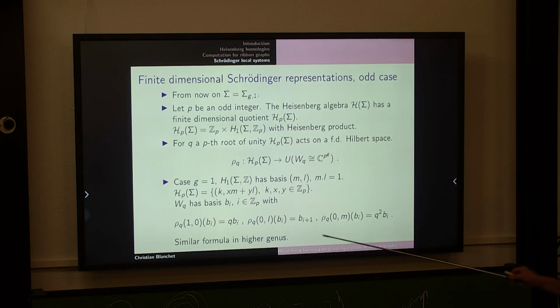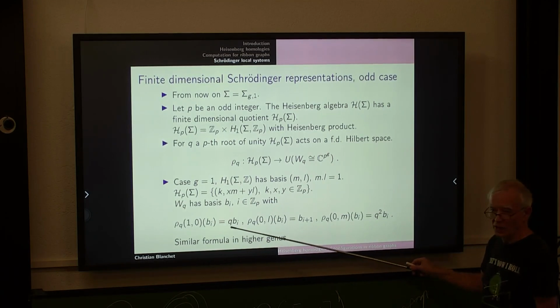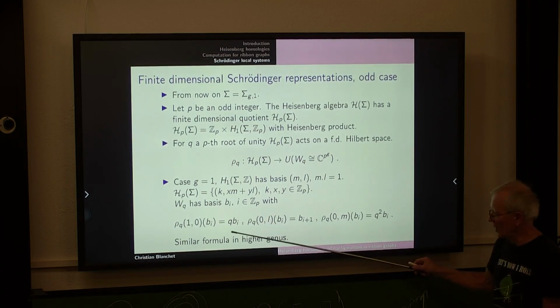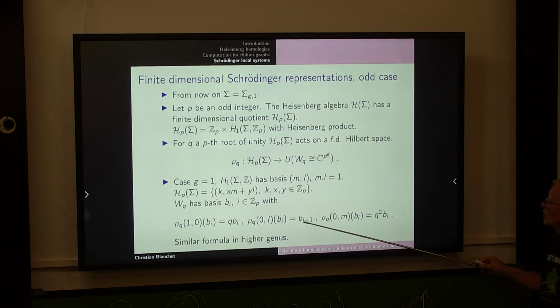And you see that you have a central charge, which is the quantum parameter. In your value, this is the starting character. You have the longitude, which is acting by translation, and the meridian, which is acting by modulation. And this is a standard picture for the Schrödinger representation.